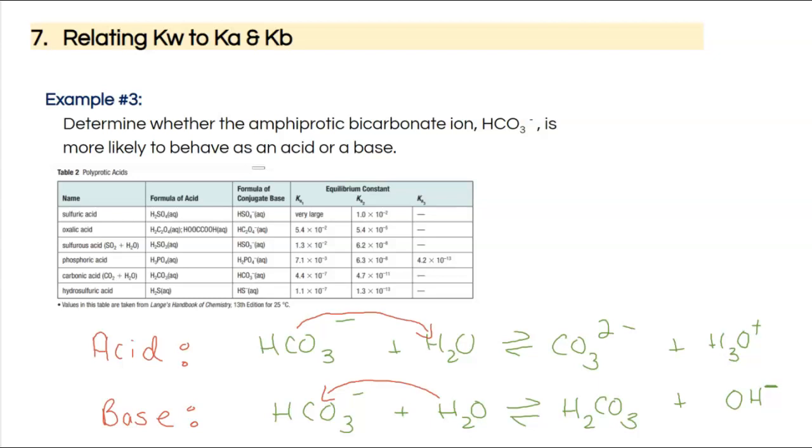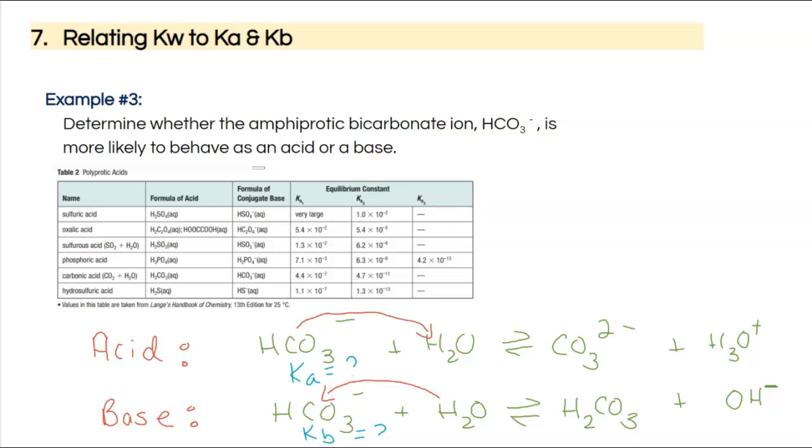And so what I really need to look at if I want to answer this question is, if it's acting as an acid, I want to know its Ka value. If it's acting as a base, I want to know its Kb value. And I want to compare the magnitude of each of those values.